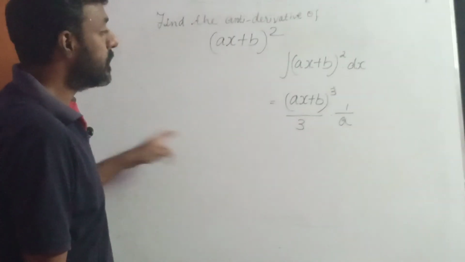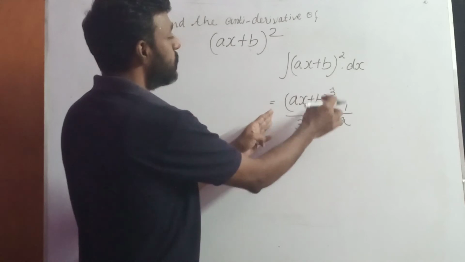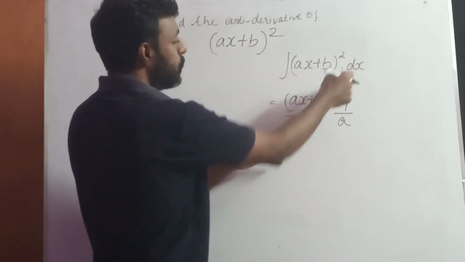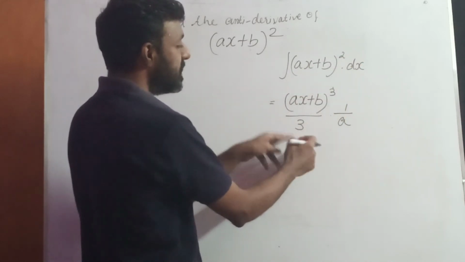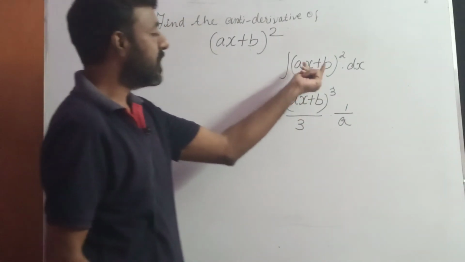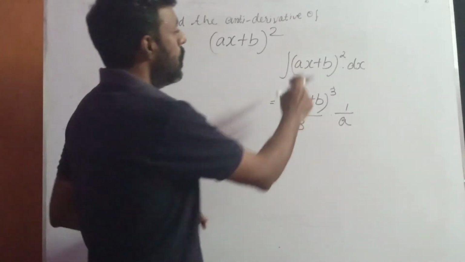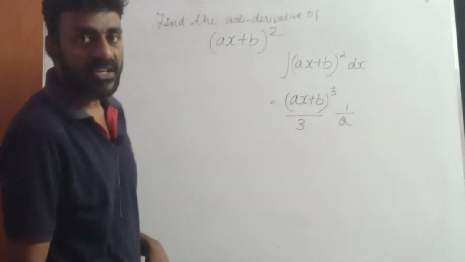You got it? So 1 divided by a. So this is the resultant for this one: (ax plus b) to the power 3 divided by 3, and ax on integration gives 1 by a. We need to put it over here.